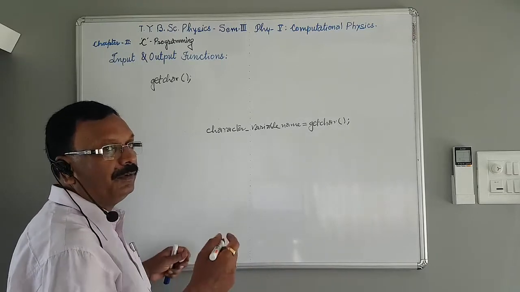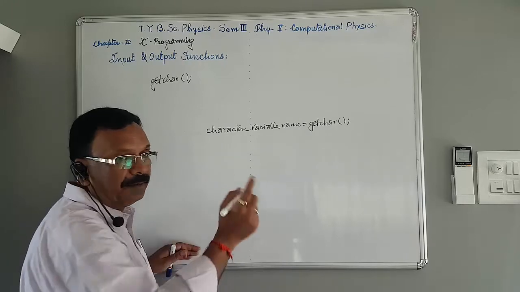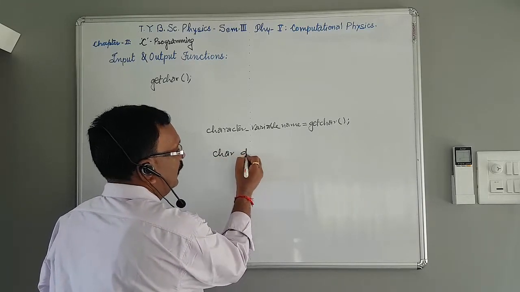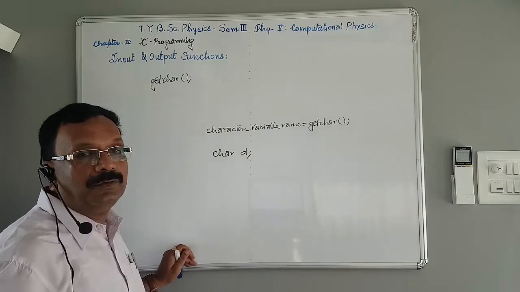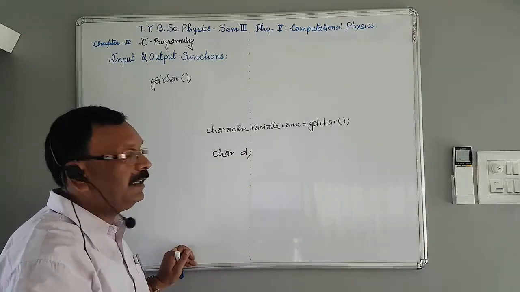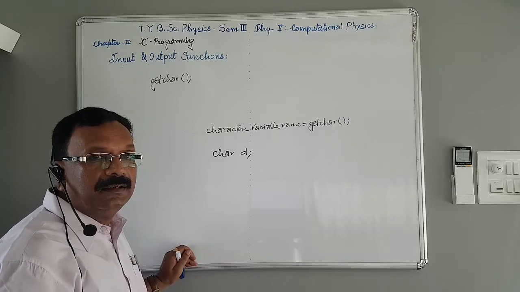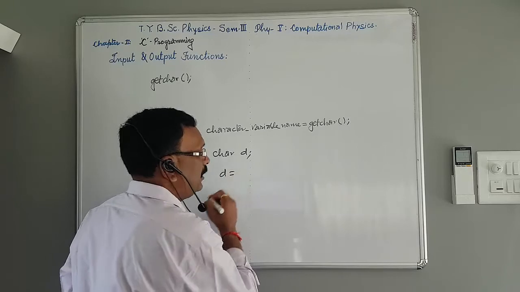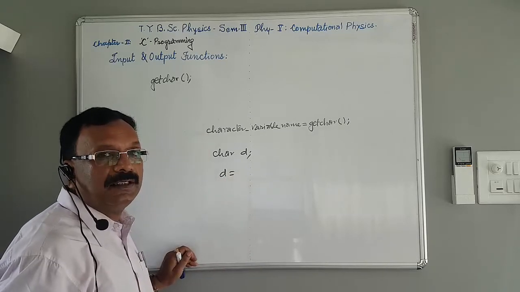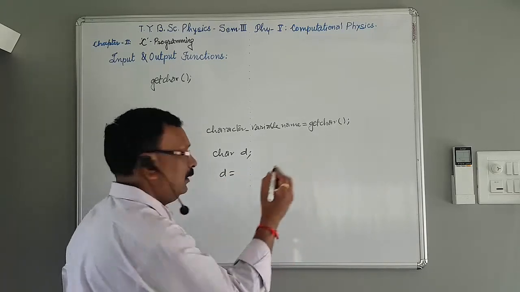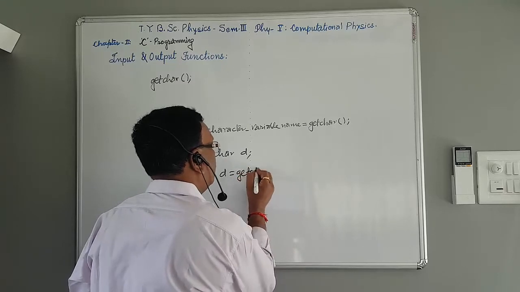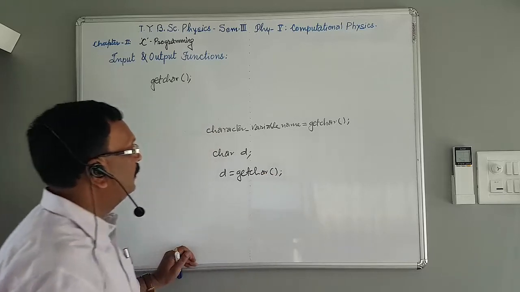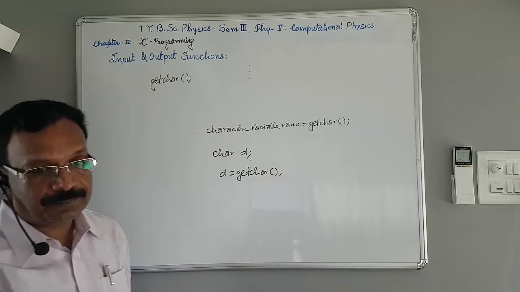For example, very simple, char d. We want to supply a single character like d to the computer, then this d must be on the left-hand side of the statement, and the function getchar is on the right-hand side.